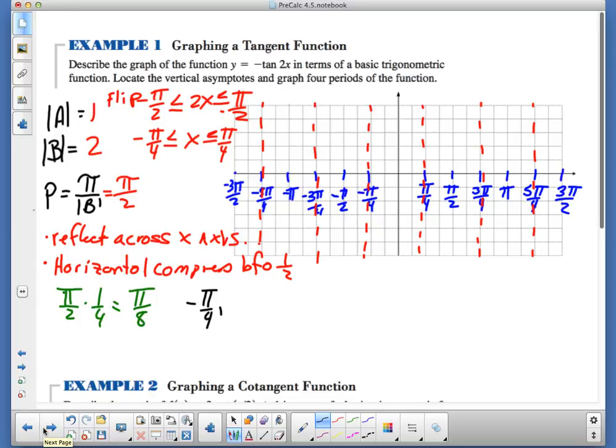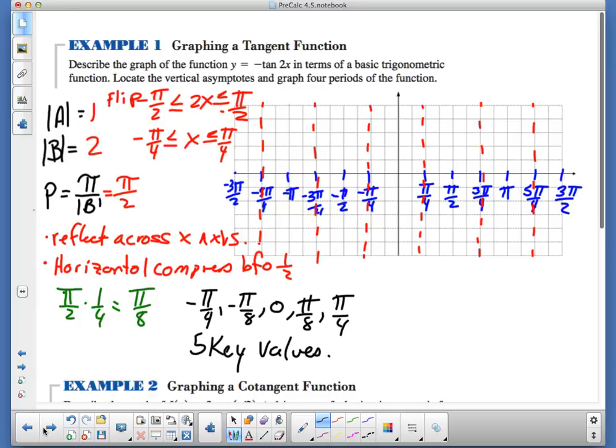But I go up to negative pi over 8, 0, pi over 8, and positive pi over 4. So these are my key values, or critical points if you want to look at it that way. And I'm going to look at this coming through here, and now we have just negative 1. So I'm going to start with this first range we have here between negative pi over 4 and pi over 4.